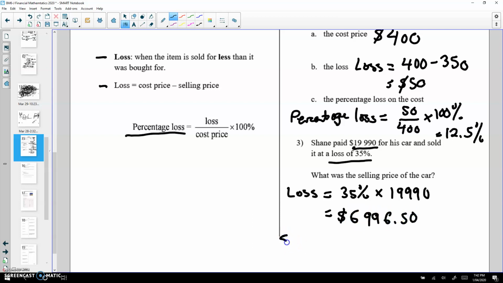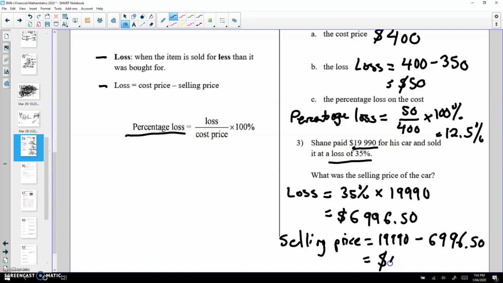So how much did he sell it for? Well, the selling price is the difference between this amount and the original, so 19,990 minus 6,996.50, which is equal to $12,993.50.